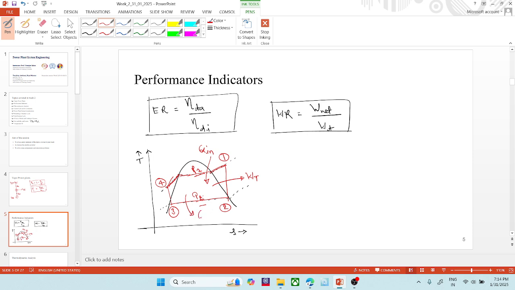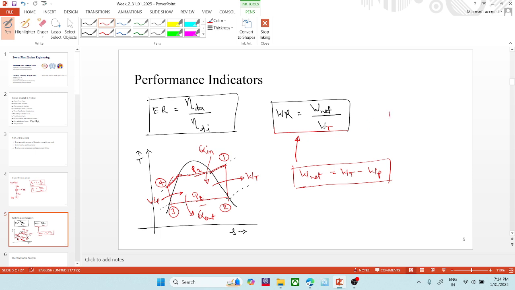From 2 to 3 it is the heat rejected in the condenser, and from 3 to 4 it is the pump work. So the net work is the turbine work minus the pump work. Based on this terminology, the work ratio is the ratio of the net work done divided by the turbine work.